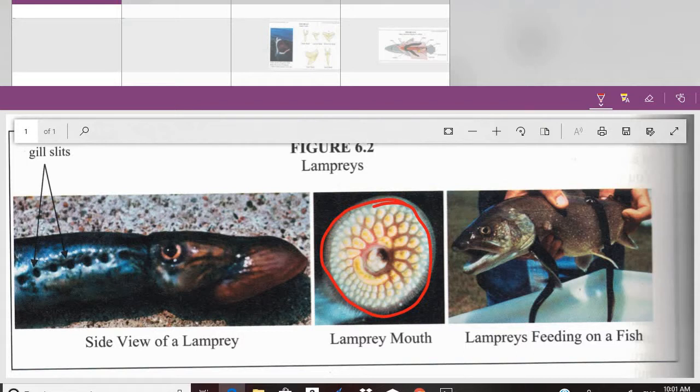They scrape their tongue along the skin of the prey, and then they suction on. In this last picture, you can see the lamprey attached to the fish, and they will suck the blood of the fish until there is no more, and then they will move on.